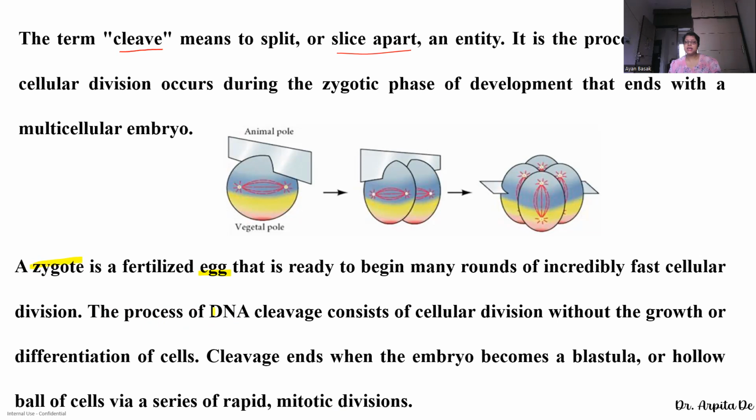The process of cleavage consists of cellular division without the growth or differentiation of cells. This is a very important line. You should all take a note of it. Growth and differentiation of cells will come later.